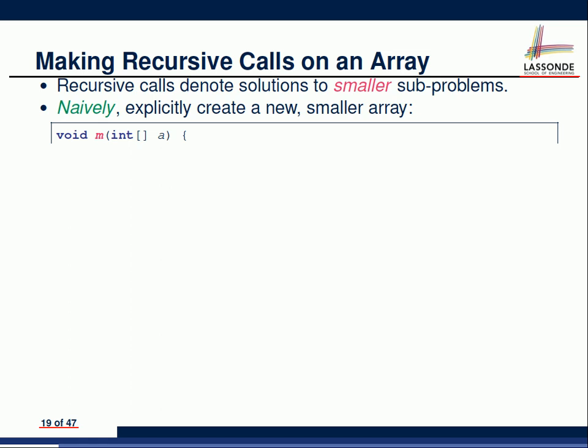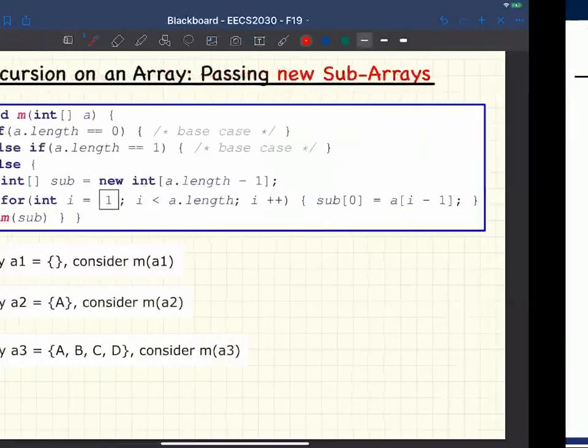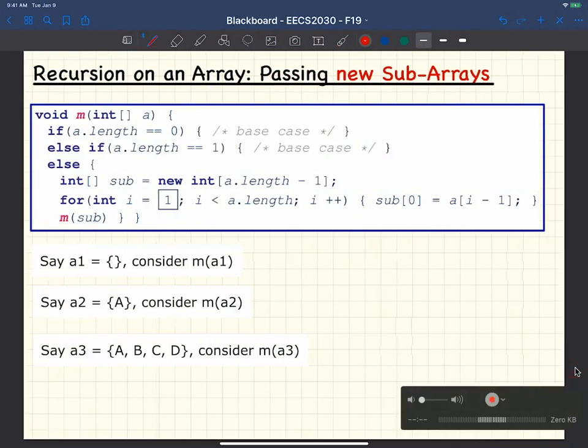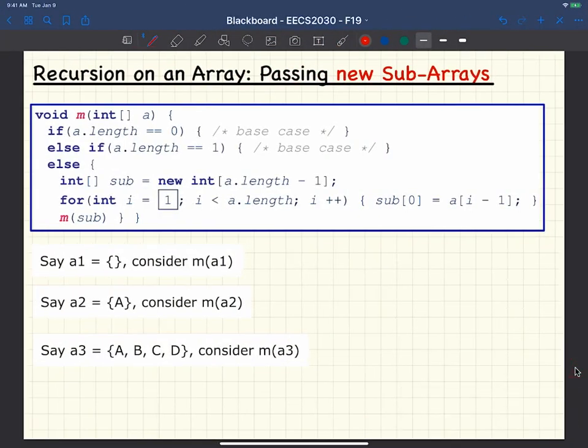What we discussed last time, the naive way, is this. Let me turn to the iPad directly. Let's say you have an array A, B, C, D. Conceptually, I want to solve n, that's the problem I'm trying to solve. It's not exactly valid Java, but conceptually it will make sense.